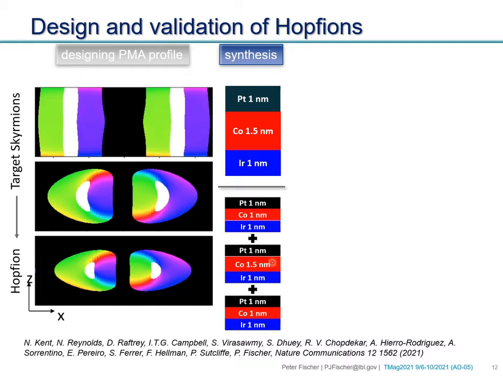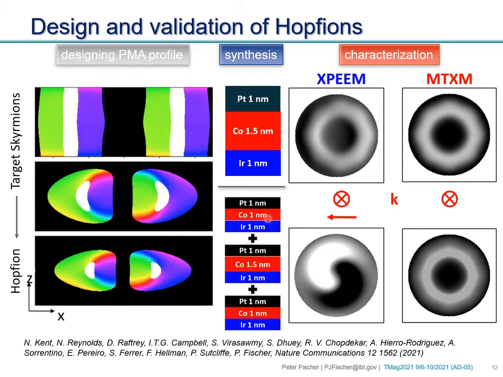By doing so, we were quite confident that this should allow us to create Hopfions in these multilayer structures. And then we did one more simulation just to understand a little better what to expect when we engage with these PEEM and MTXM microscopy tools.